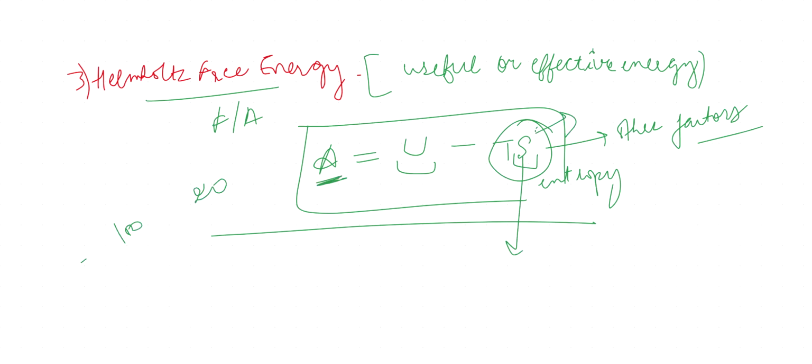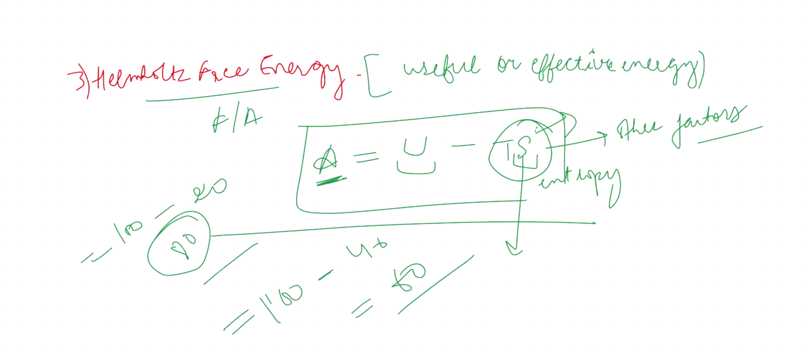On the other hand, if our entropy increases to 40, then the Helmholtz energy will be 60. So increasing the chaos in the kitchen, as well as increasing the entropy of a system, decreases the useful effective energy of the system, which is known as Helmholtz free energy.